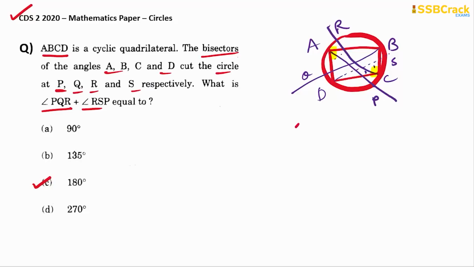So angle A plus angle C is equal to 180.